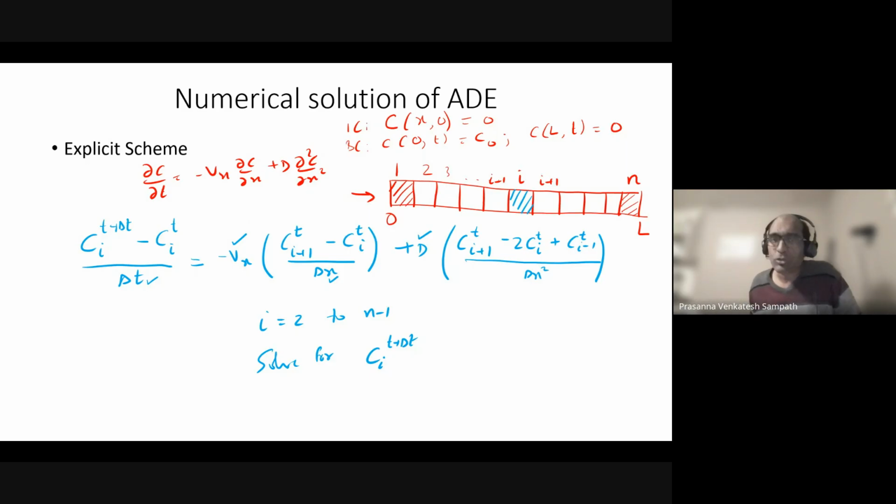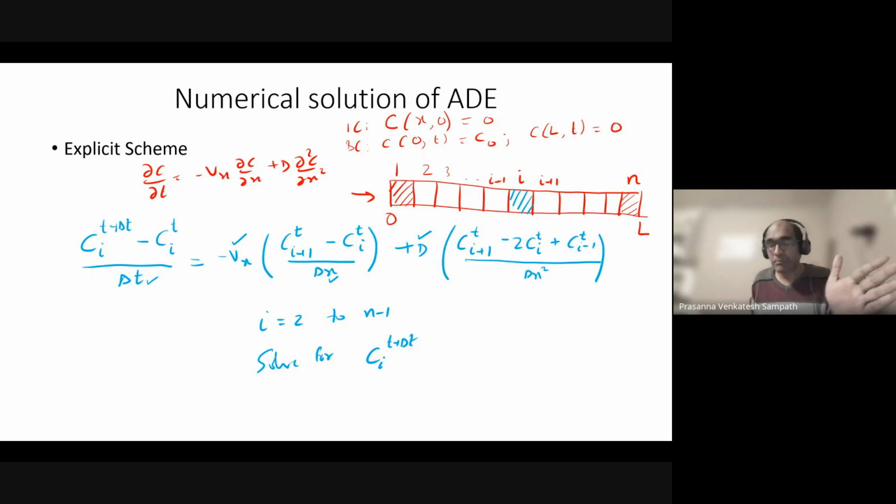They're just algebraic computations, and then you solve for Ci. But in the implicit scheme, the advantage is that it is unconditionally stable. You can use any value of delta t and you can solve the problem. So that is why we have these two schemes.